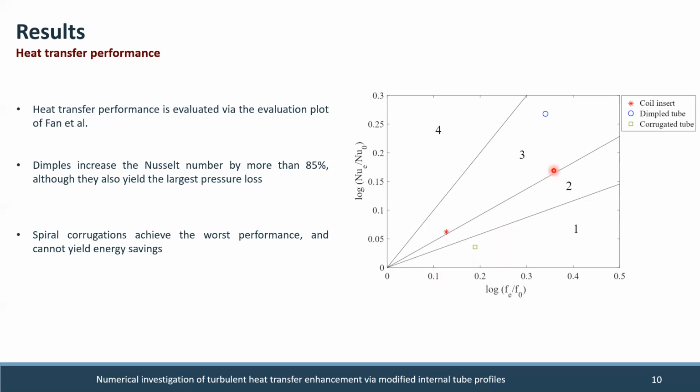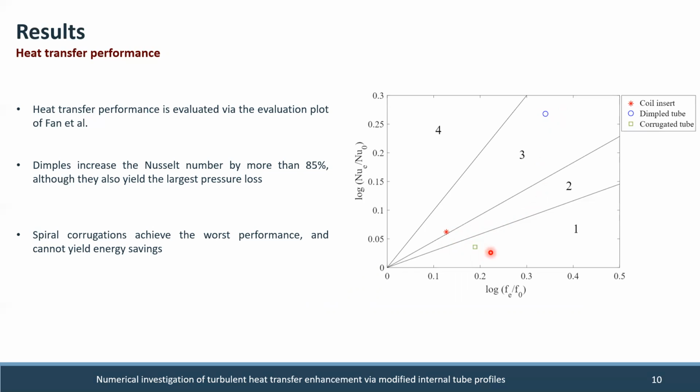You can see that the dimple case has the highest heat transfer enhancement and also the highest friction factor ratio, and it's in region 3. The coil insert case is here. It's also in region 3, and the corrugated tube is in region 1.